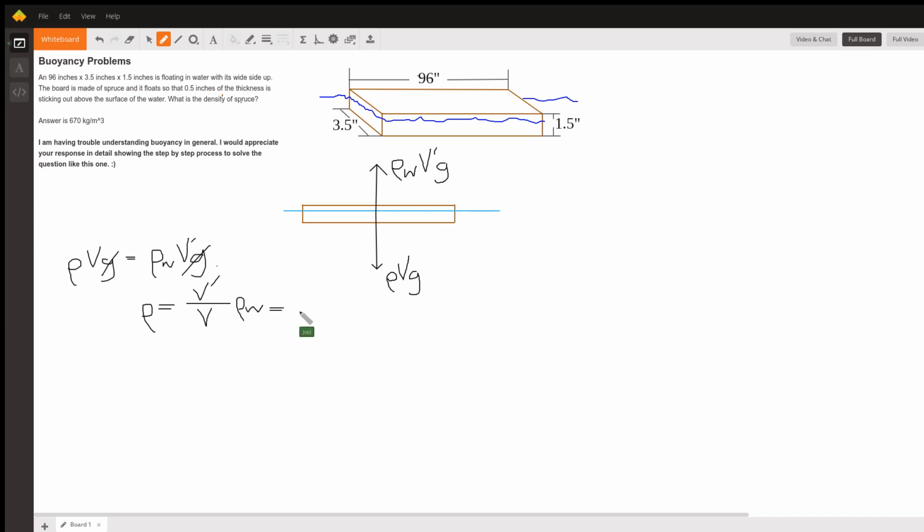So what do we have? For our volume that's displaced, we have the 96 inches, the 3.5 inches, and then the amount that's underwater on the smallest side there is actually just 1 inch.